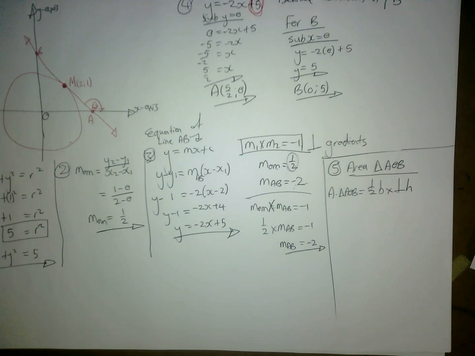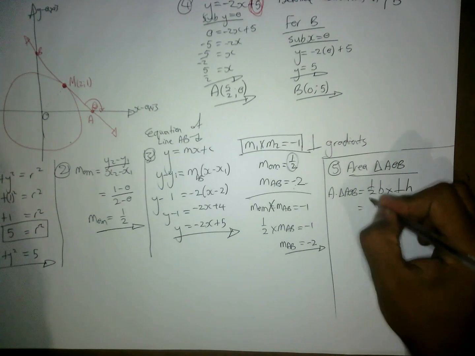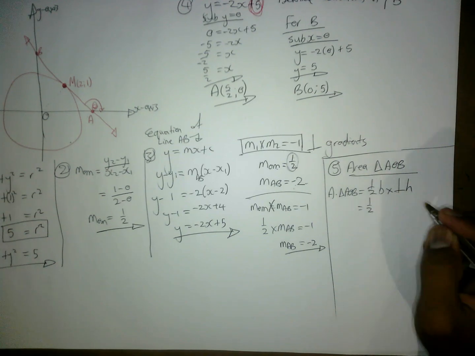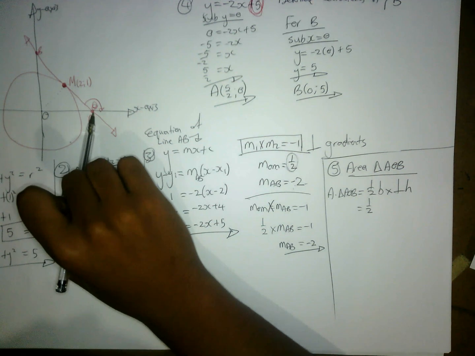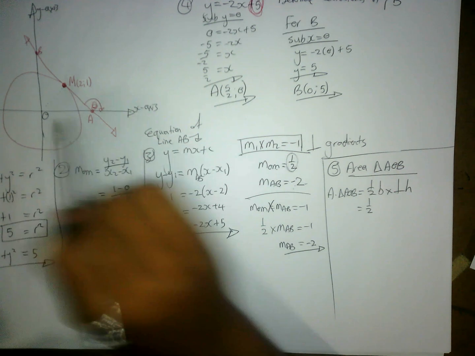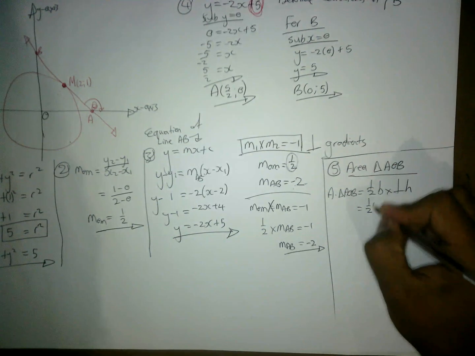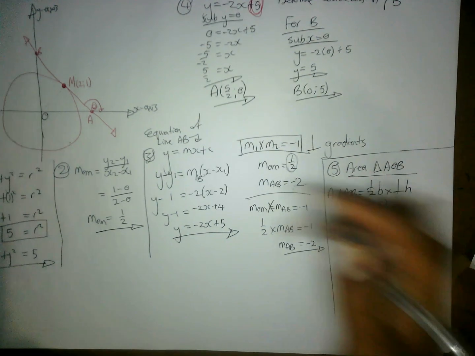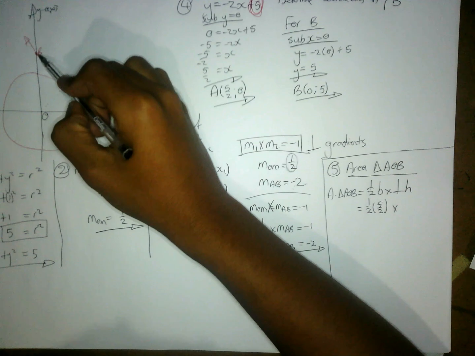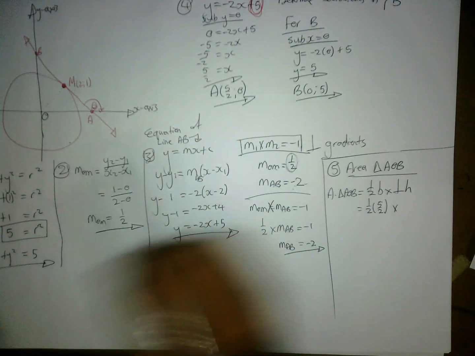Okay, so the area equals half the base, which is the x value, so it is 5 over 2, multiplied by the height, which is the y value of P, and that is 5.